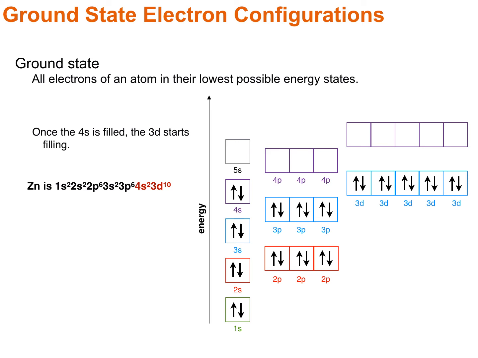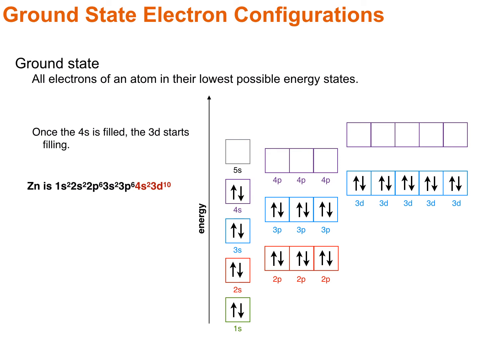So essentially, everything that's n equals 3, we're going to have the 1s2, 2s2, 2p6, 3s2, 3p6. That brings us up to 18 electrons.